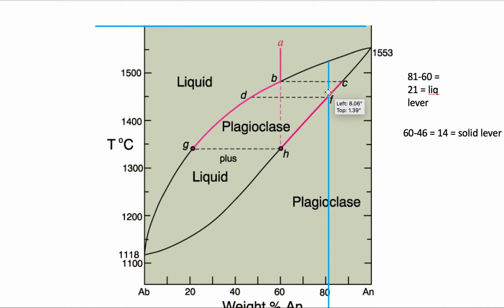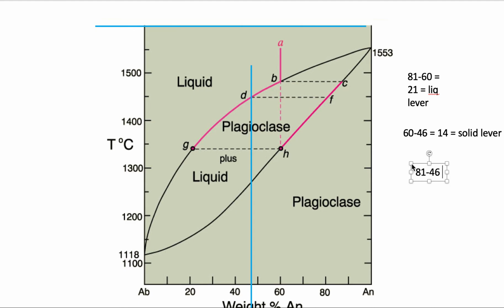And the total distance D to F would be 81 minus 46, and 81 minus 46 is equal to 35. So that's the total lever length.